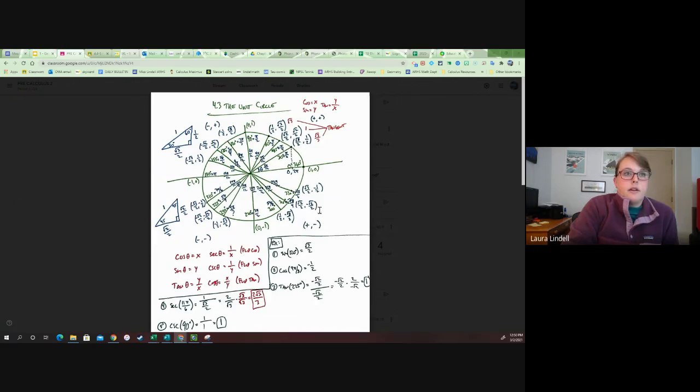So 315 degrees is down here. It's also known as 7 pi over 4 radians. And it's the value where the x value is root 2 over 2 and the y value is negative root 2 over 2. Now, since tangent is y over x, if I put the y value divided by the x value, we do get -1.